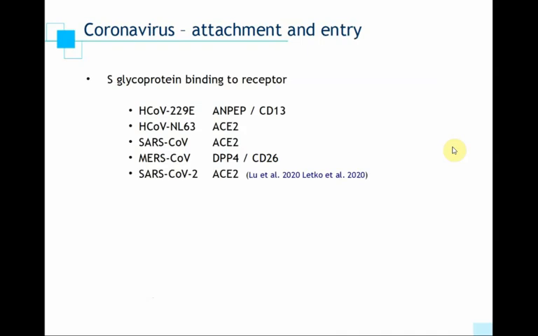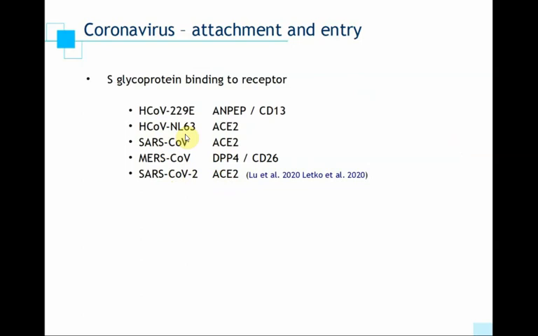So what is happening? For the attachment step, the spike glycoprotein is the attachment glycoprotein. The host cell receptors are different for the different coronaviruses. For SARS-CoV-2, it's the angiotensin converting enzyme 2, which is the same receptor as for SARS coronavirus, but it's also the same as for one of the seasonal coronaviruses.